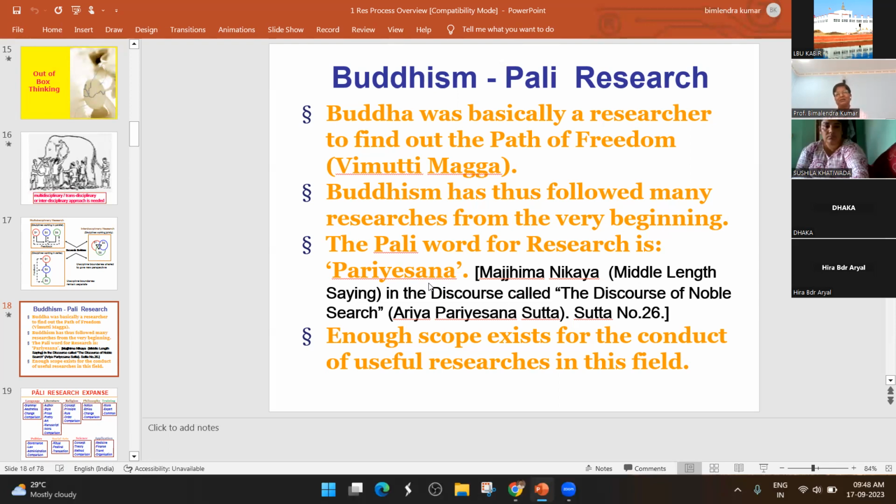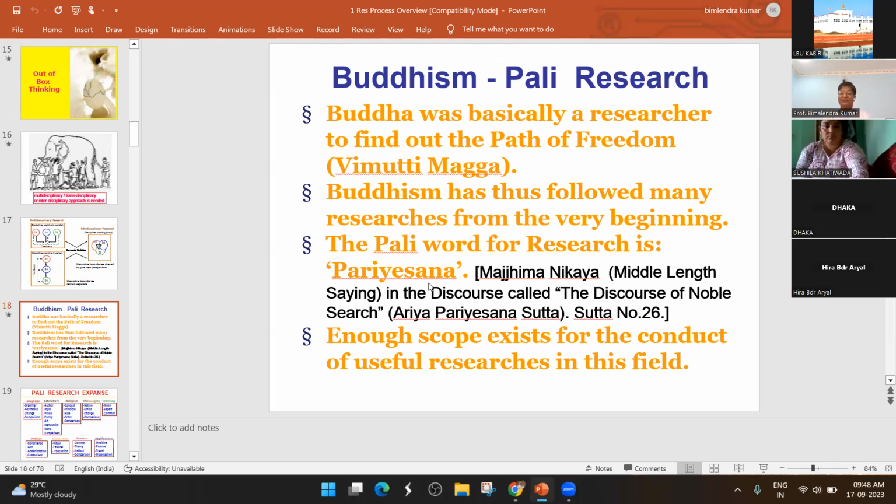Just like the great ocean has only one taste, the salty taste. In that way, Buddha is called a great physician or great scientist. He has given a path through which a person can get a state of eternal bliss, or nibbana, or a state of vimutti, that is freedom.